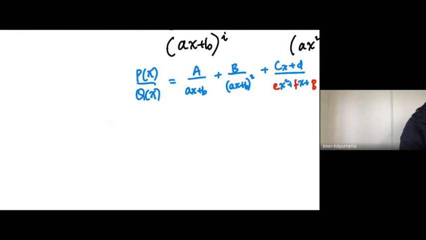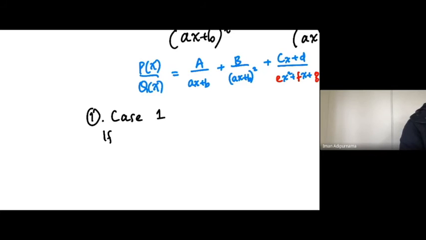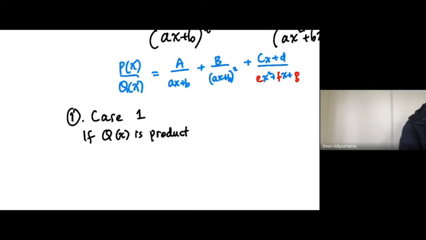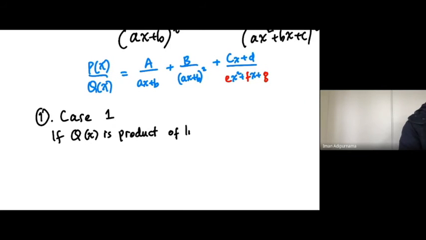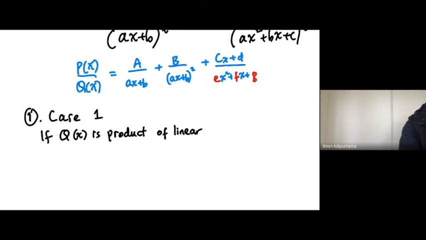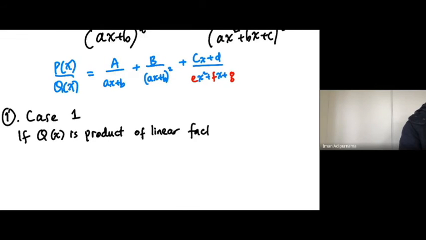Okay. Let me give you a few minutes. Case one: if q(x) is a product of linear factors. Linear factors, if you have like x plus b, and then another x plus b squared.